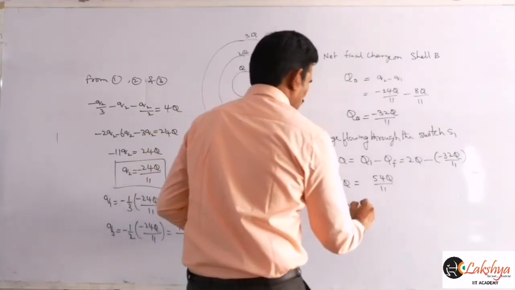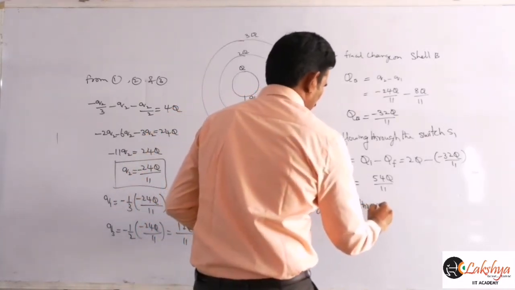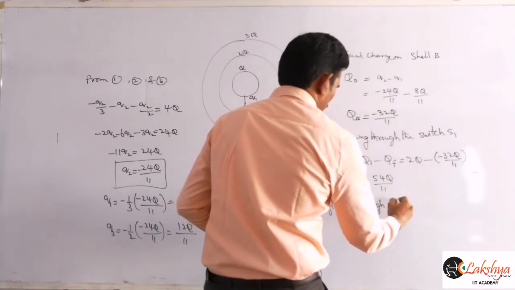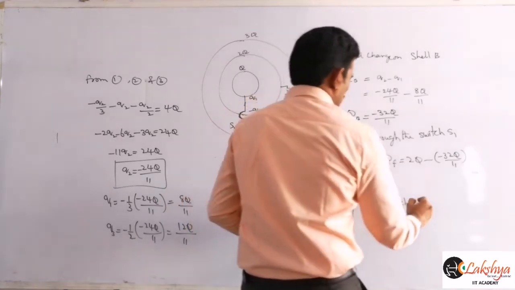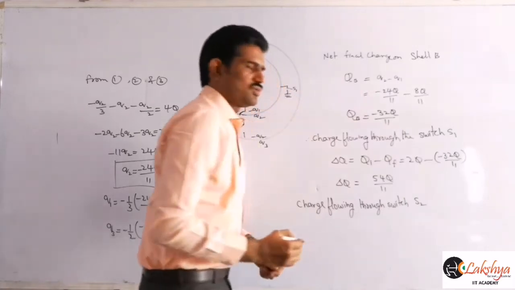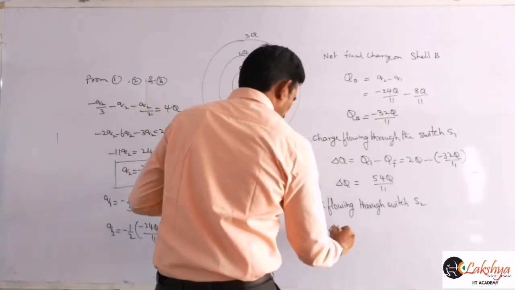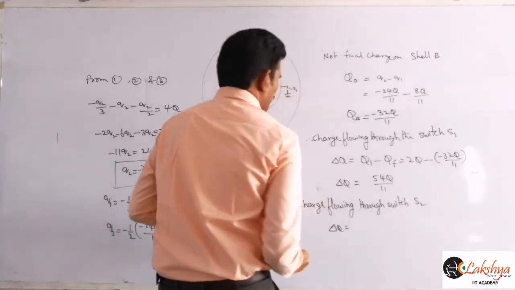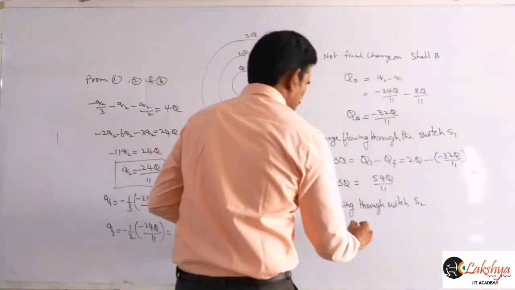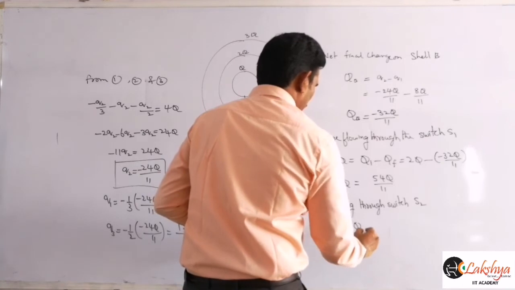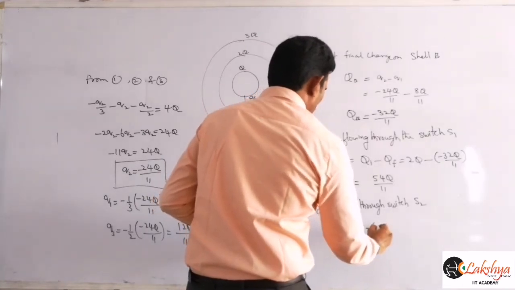So the charge flowing through switch S2, we can write this way: delta Q is equal to Q initial minus Q final.